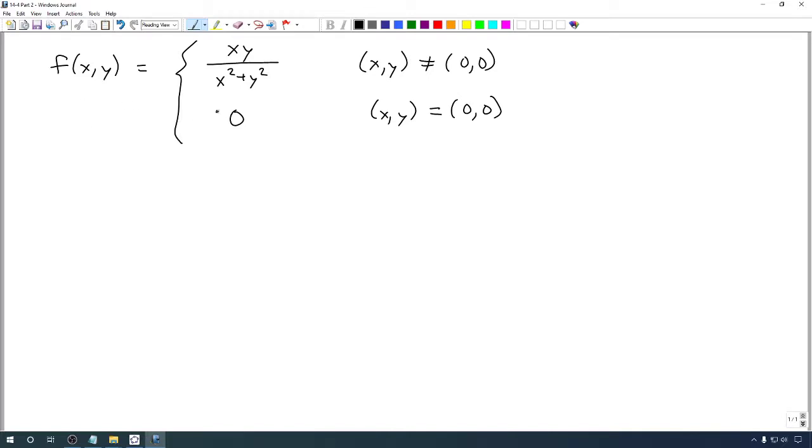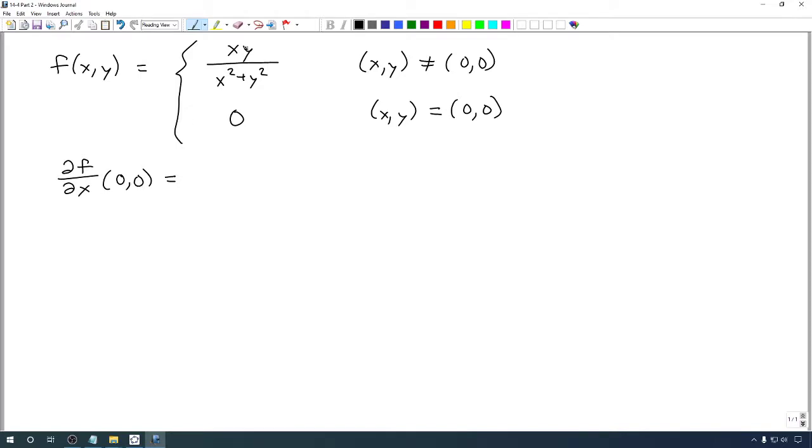In fact, the function here isn't even continuous because there's no limit to xy over x squared plus y squared as (x, y) goes to (0, 0). However, we can find partial derivatives at (0, 0). For the partial derivative of f with respect to x at (0, 0), keep in mind that we're plugging in 0 for our y value and then taking the limit to find the derivative.